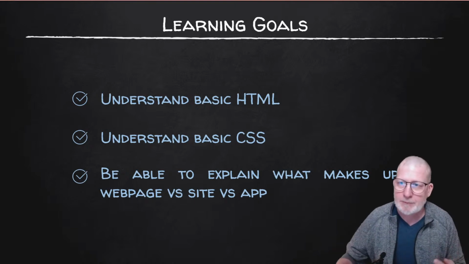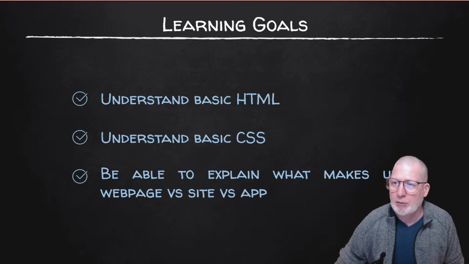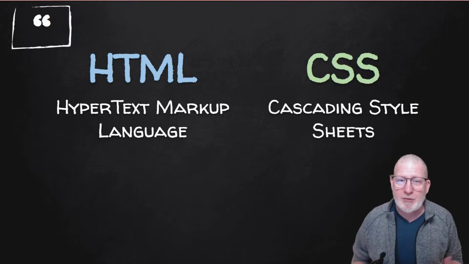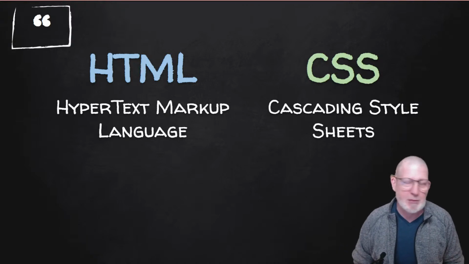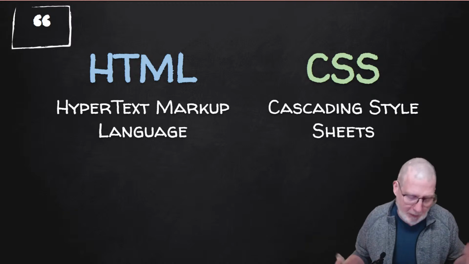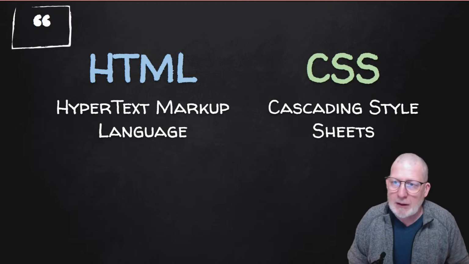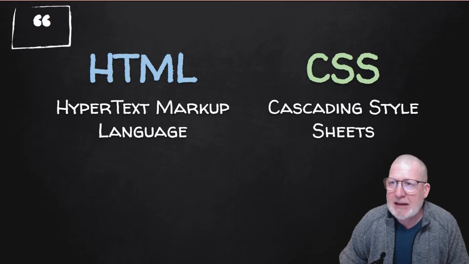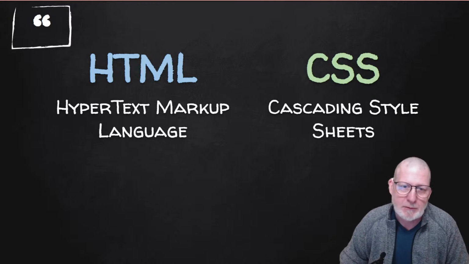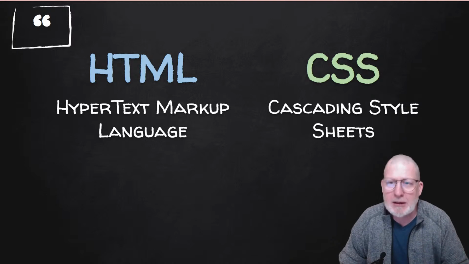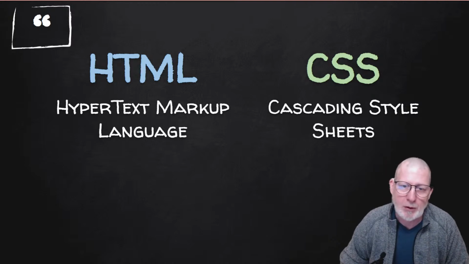And what do they stand for? Well, Tim's first language was called the hypertext markup language. And it's a derivative of a markup language called XML. CSS is a cascading style sheet. And the idea here is that with the HTML document, we're going to build up the structure, a lot like the framing of a house.